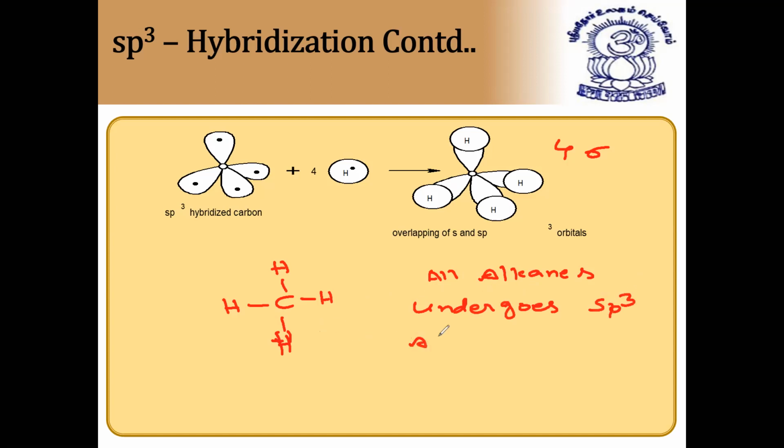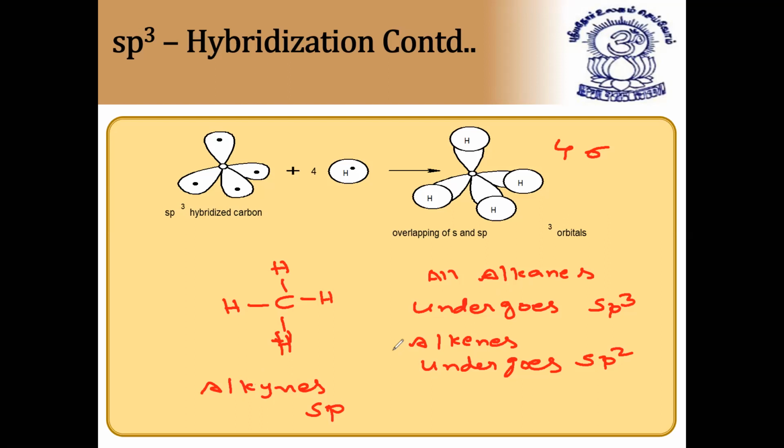And all alkenes undergo sp2 hybridization, and alkynes undergo sp hybridization. This point is important, please note it down in your book.